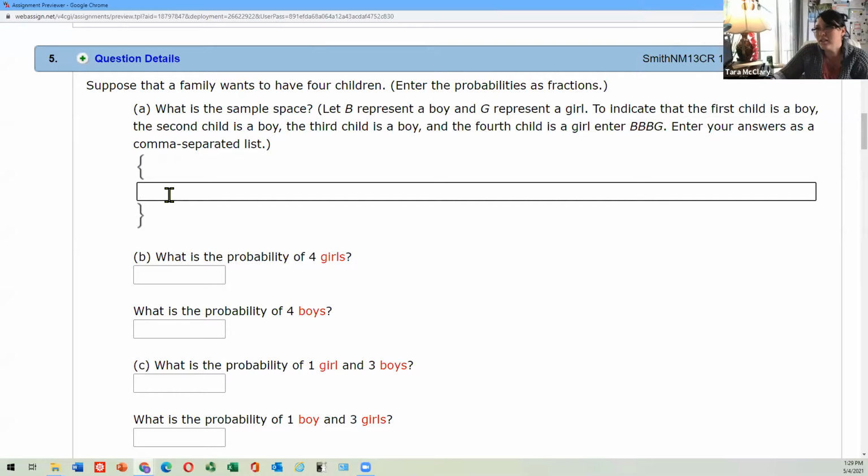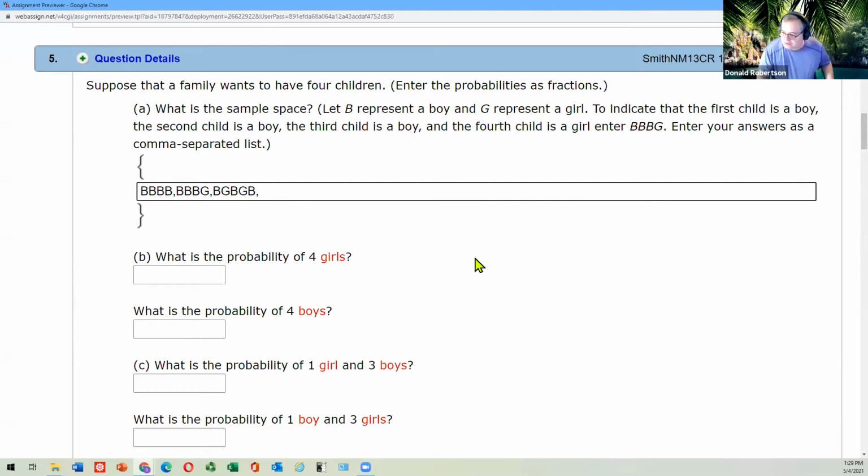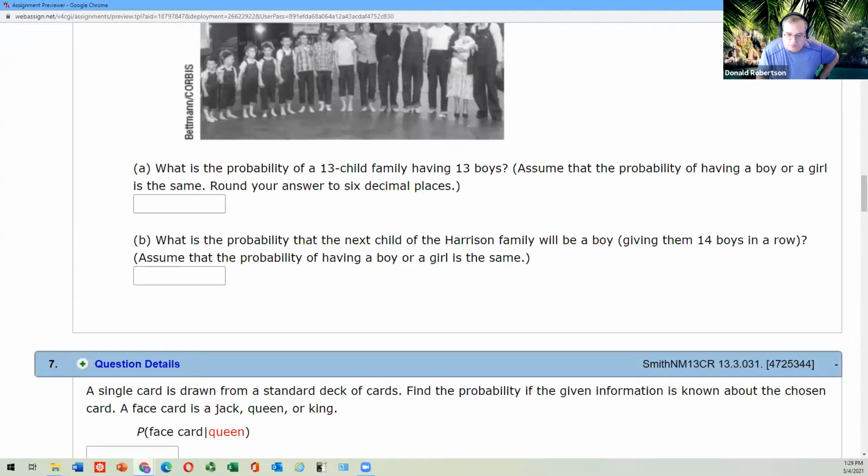That's where you type in boy, comma, boy, girl, whatever, and you put a comma between them all when you're finished. So yes, if you don't have it, you'll notice that your score's not 100% because that was not filled in. Does that help? It is there, even if it's not so obvious.